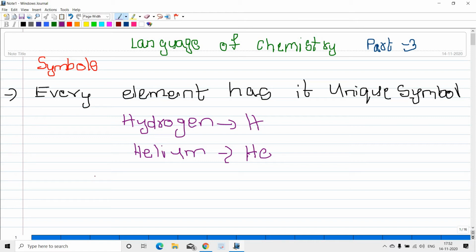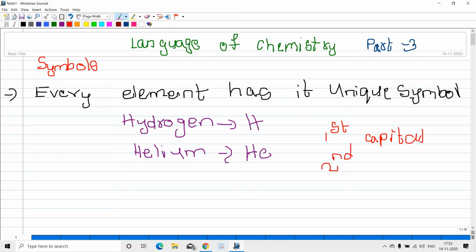Another point to keep in mind is that when we are writing a symbol, the first letter should be capital and the second letter should be small. Even if it has a single letter, it should be capital. First should be capital and the second letter should be small.